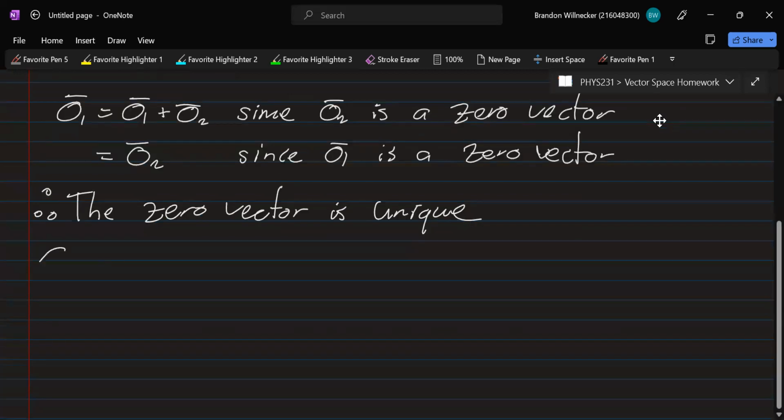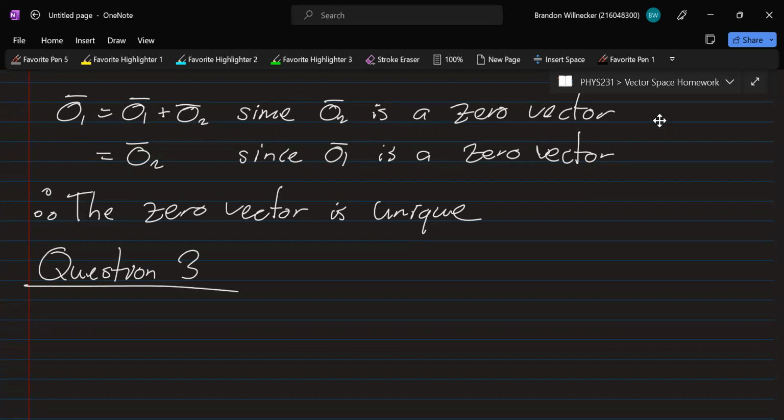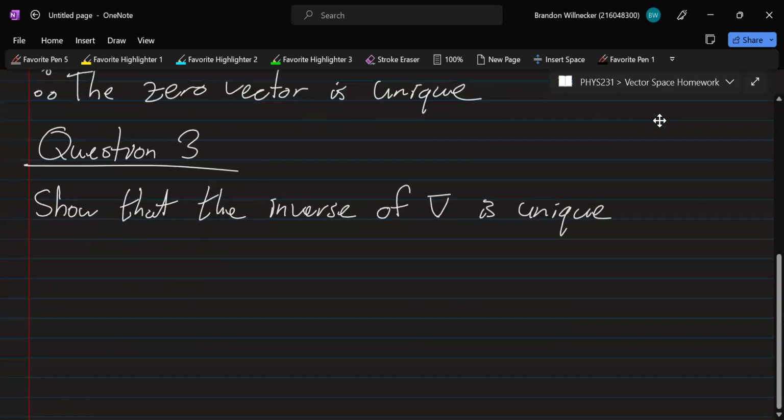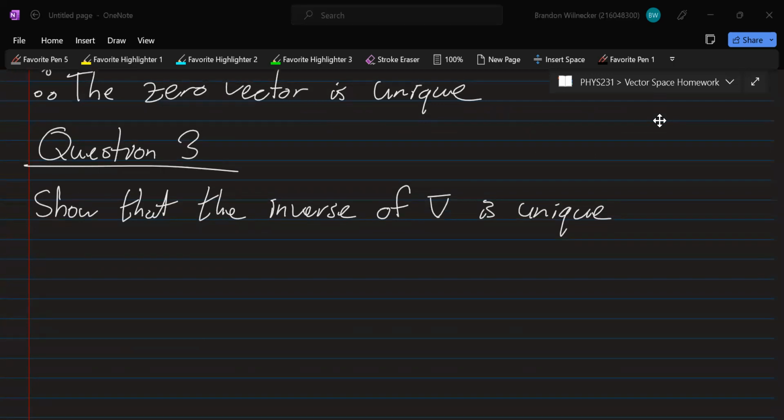Okay, question 3. Show that the inverses are unique. Okay, so to show that the inverse of V is unique, how do we do that? Similar to before, we assume there's 2 of them and then show that they're equal.